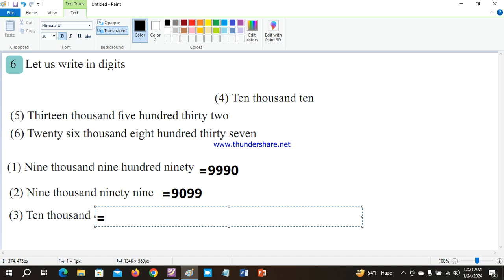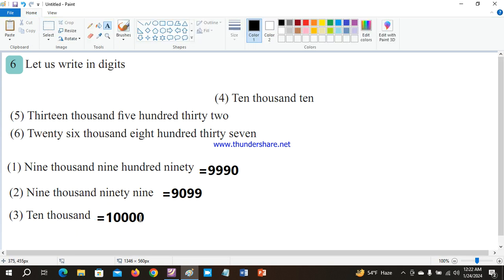So we have to write 1 in ten-thousands place, and there is no digit in thousands, hundreds, tens and ones place, so we have to use 0 0 0 0, and this is 10,000. Ones, tens, hundreds, thousands and ten-thousands.